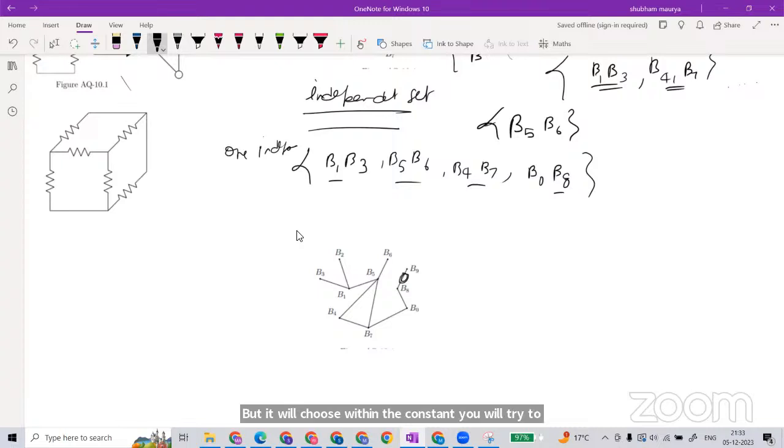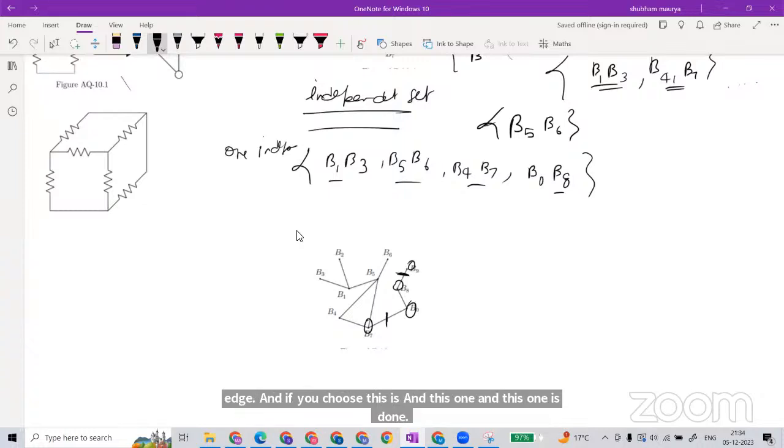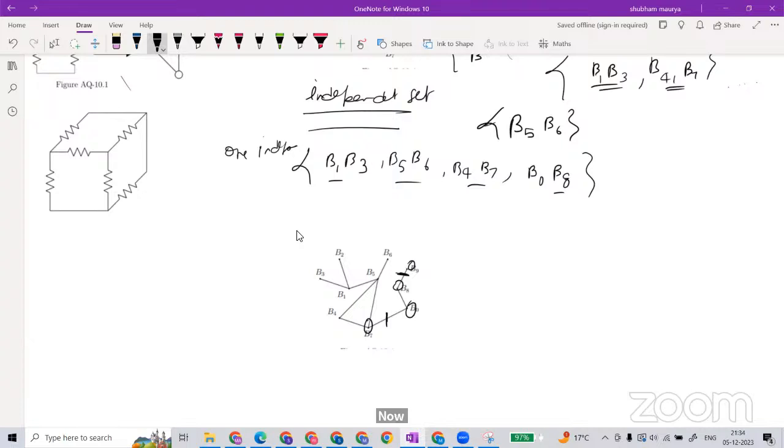So surely if you want to cover V9, we have to choose this edge, and then this is done. If you choose this edge, then this one and this one are done. If we choose this edge, then this one is done.